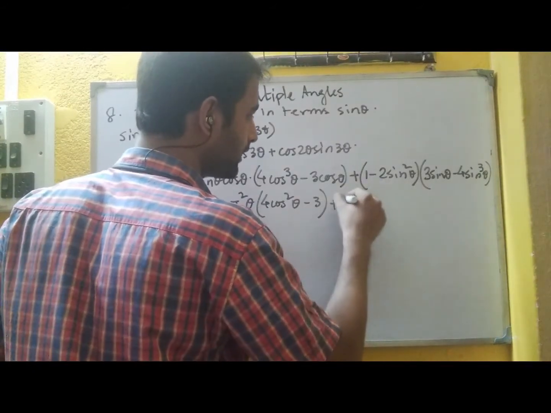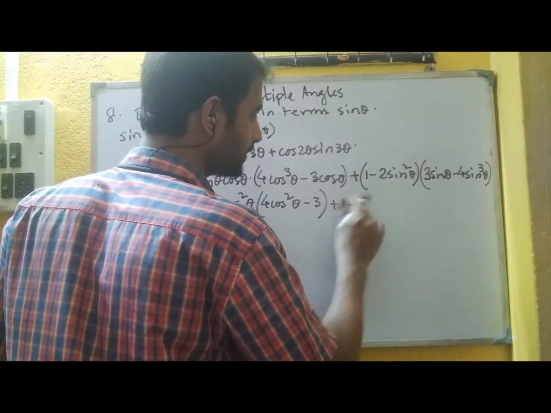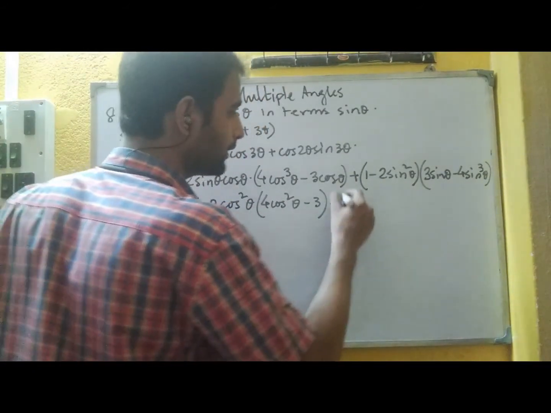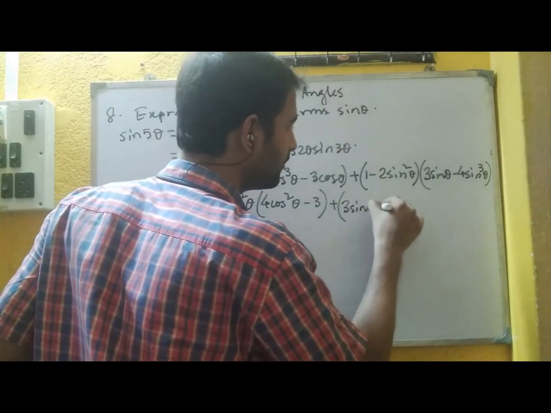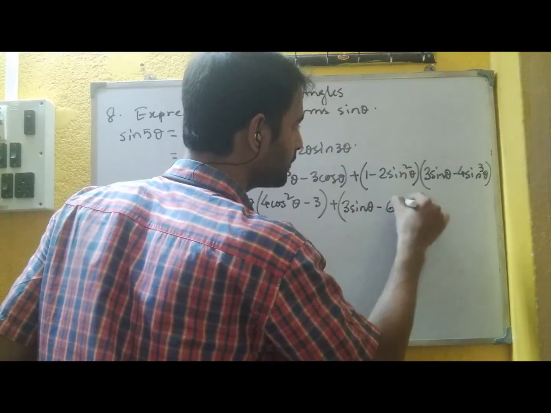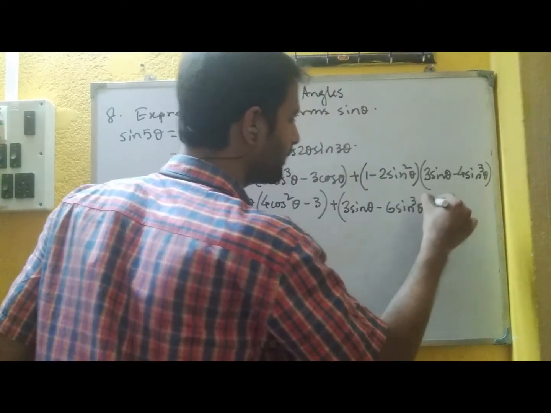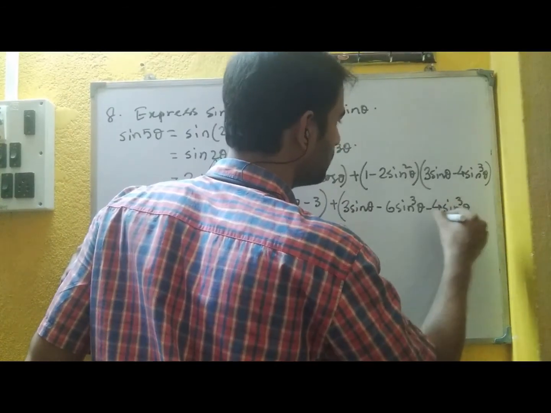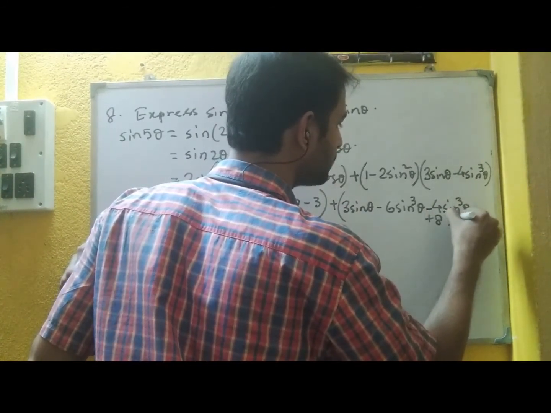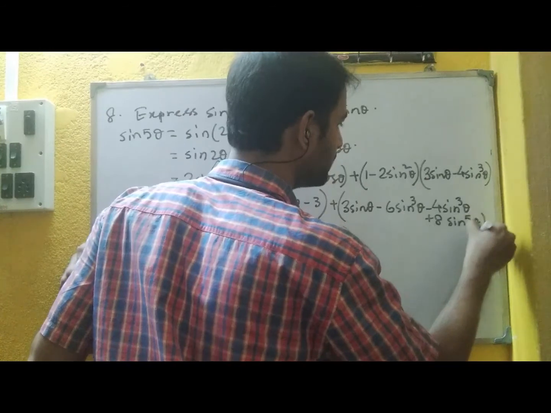And here, see, this term is already converted into sine. So we are doing the multiplication here. It is 3 sin theta minus 6 sin cube theta minus 4 sin cube theta plus 8 sin to the power 5 theta.